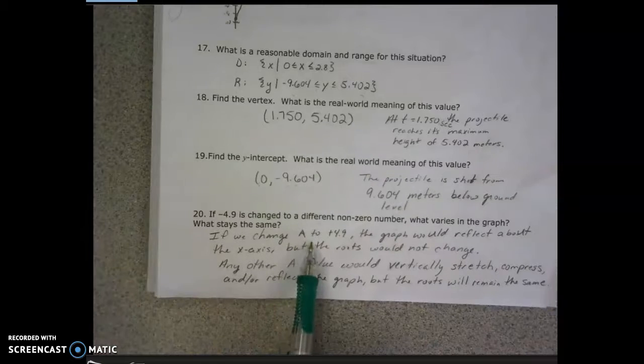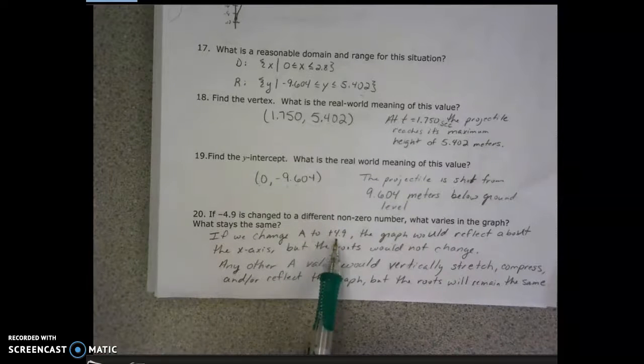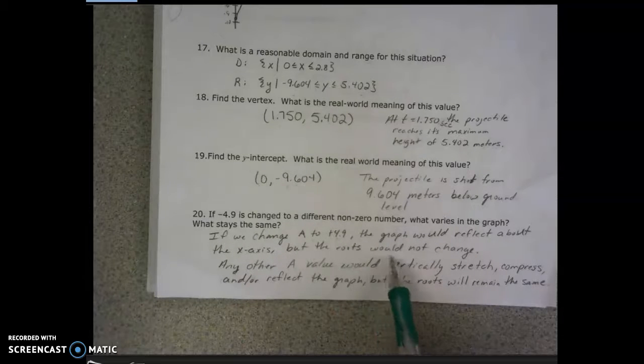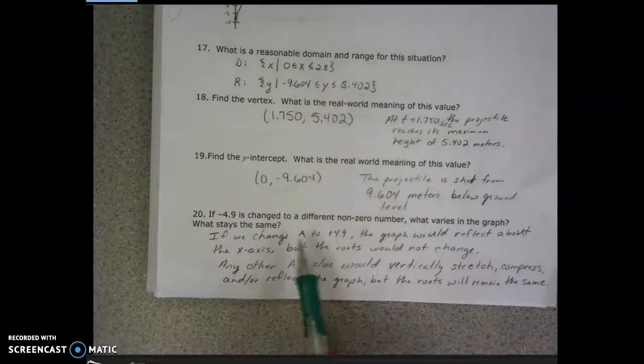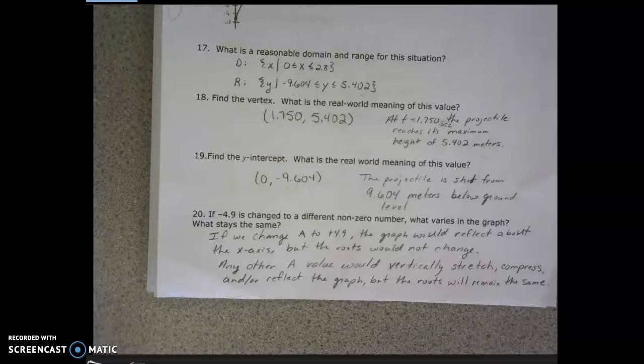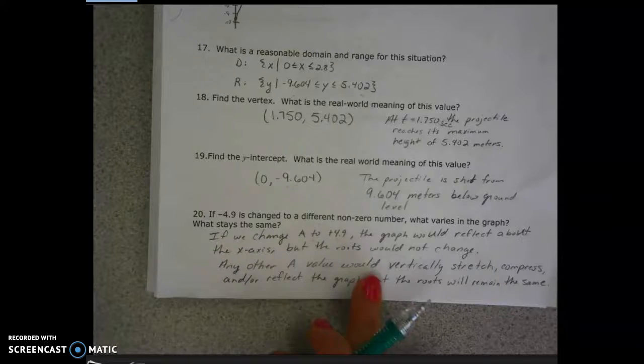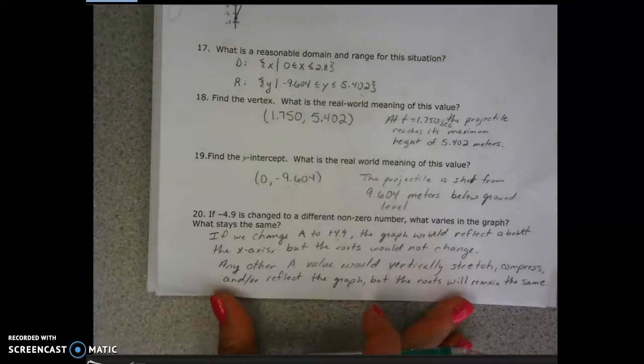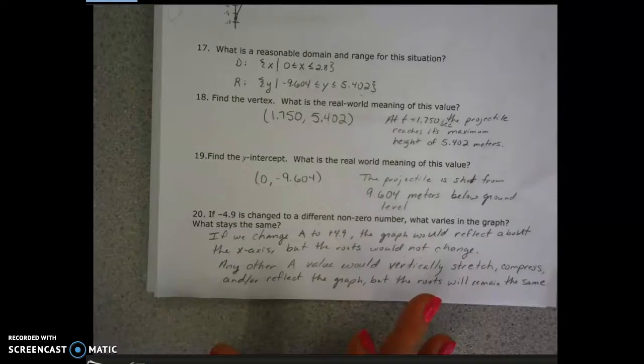Well, if you just change it to positive, the graph is going to reflect up over the x-axis, but the roots are always going to stay the same. You can change a to stretch and compress the graph, but if you don't change the roots, the y-intercepts will always remain the same. All right.